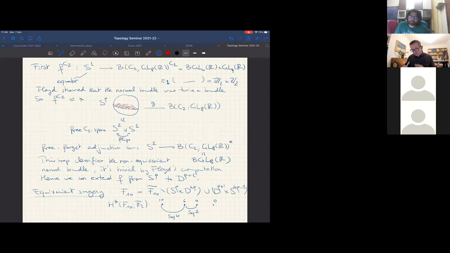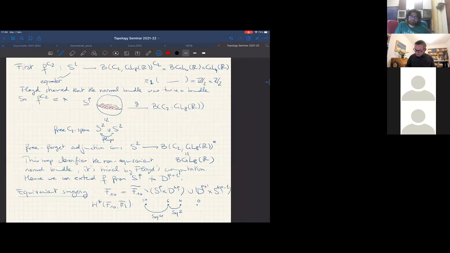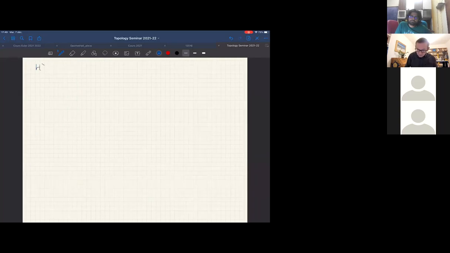And the whole structure had already been identified by Floyd. So the cohomology of F5 with F2 coefficients looks like this. There is a square 2 from the top class to that one, and then a square 1 to the 2-dimensional class.